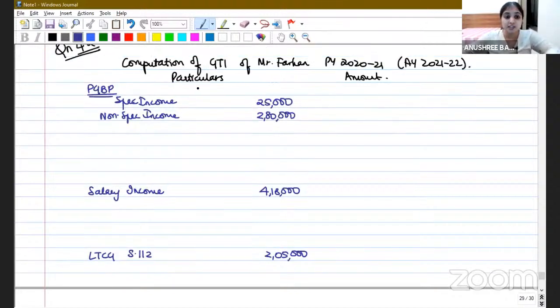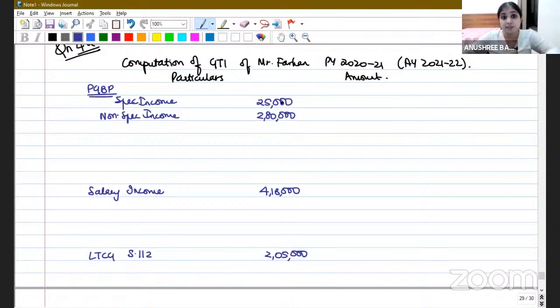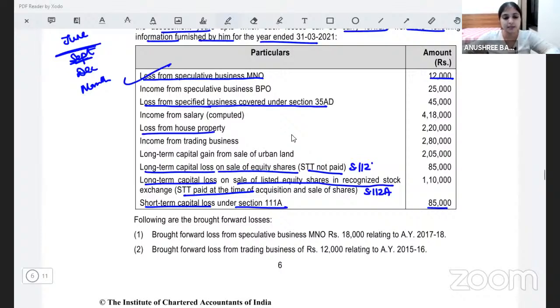Speculative loss can be adjusted only against speculative income. Do I have speculative income? Yes. My loss is 12,000, but my speculative income is 25,000. So I can adjust this fully. So I am adjusting this speculation loss against speculation income, 12,000. Okay, so this is done.